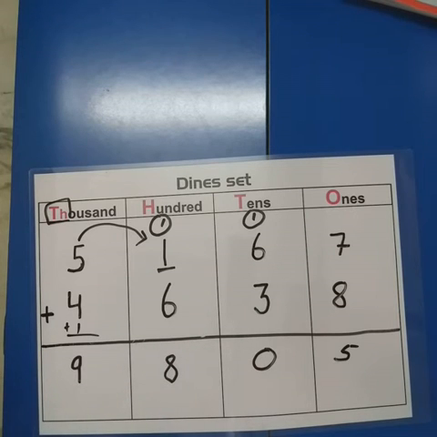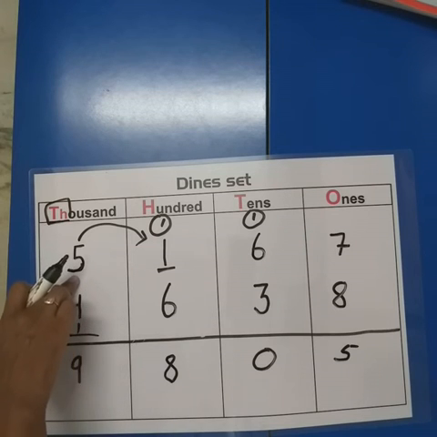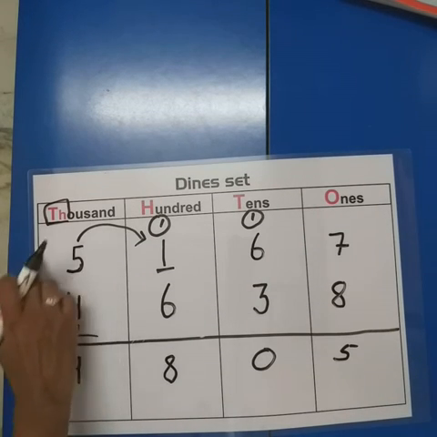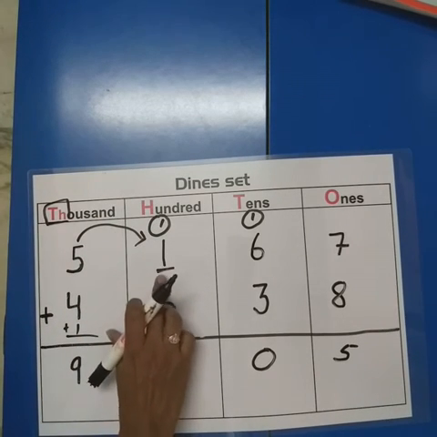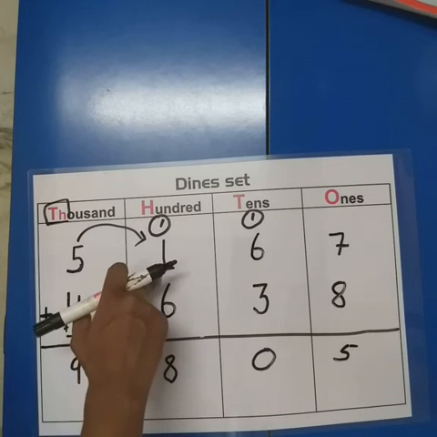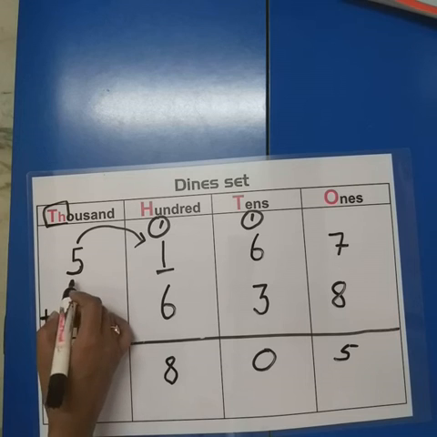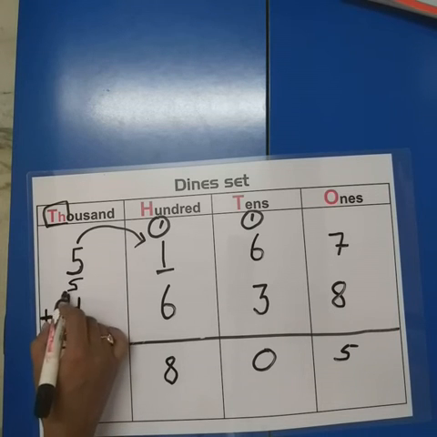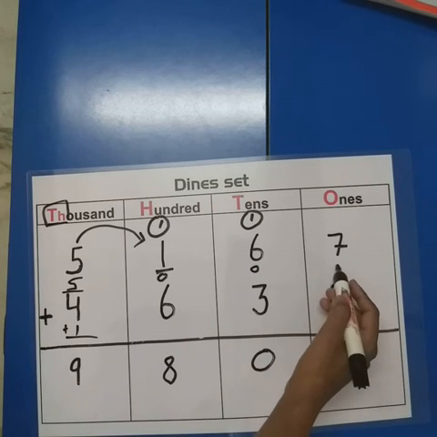Okay students, let's start. In this question we have 5 in the thousands place. We have to change this, and for that we look at the hundreds place. If we have less than 5 at the hundreds place, we will not change the 5. That means it will be as it is, and the remaining places will become 0, 0.